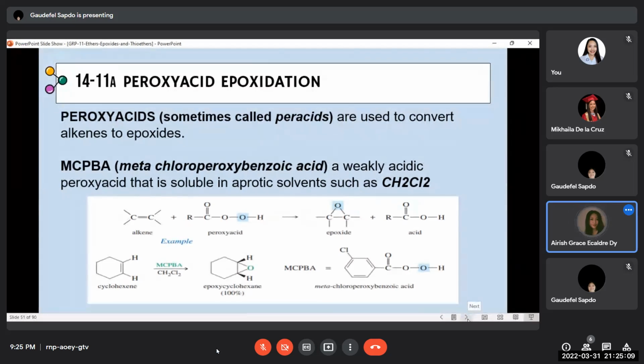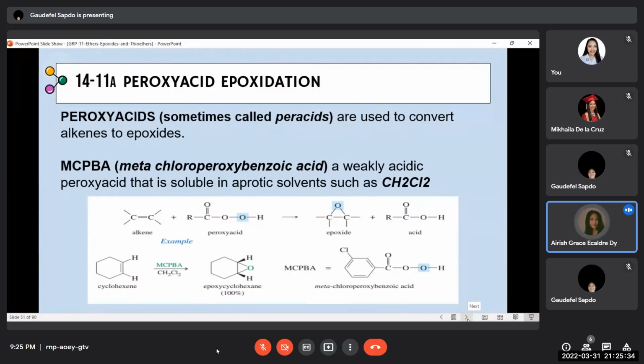So it is like carboxylic acid that has a carbonyl functional group, but it has peroxide instead of hydroxyl. Hydroxyl group has only one oxygen and hydrogen, which is OH, while peroxide group has two oxygens connected by a single bond. So peroxy acid is what it looks like in the picture below.